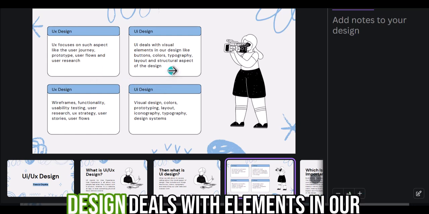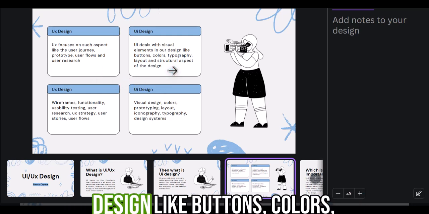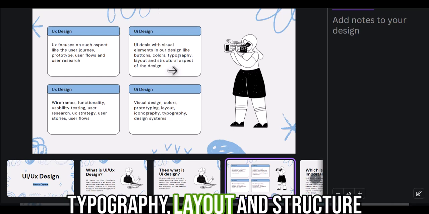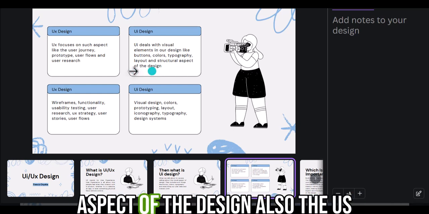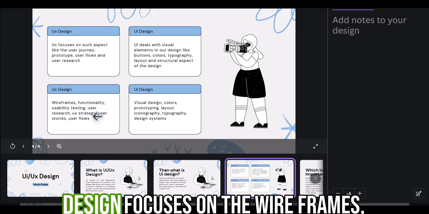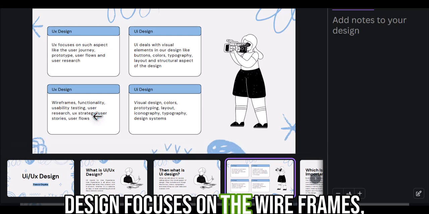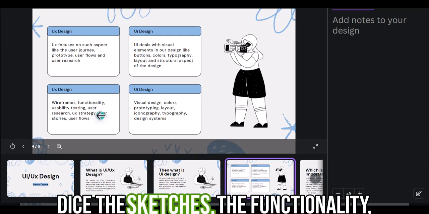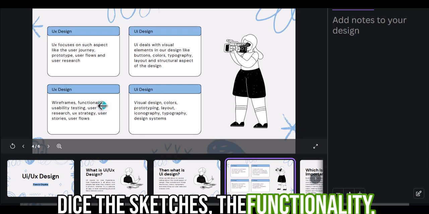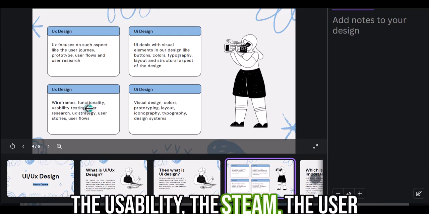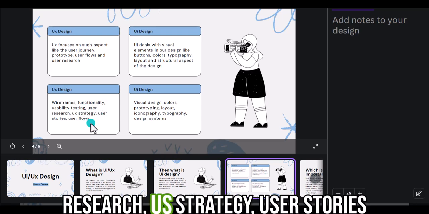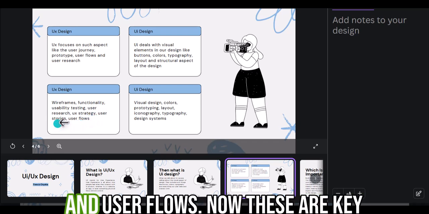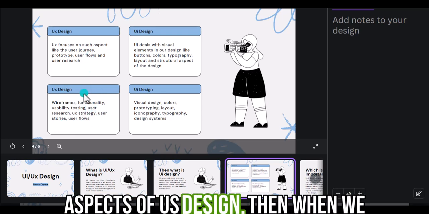It also focuses on wireframes, that is the sketches, the functionality, usability testing, UX strategy, user stories, and user flows. These are all key aspects of UX design.